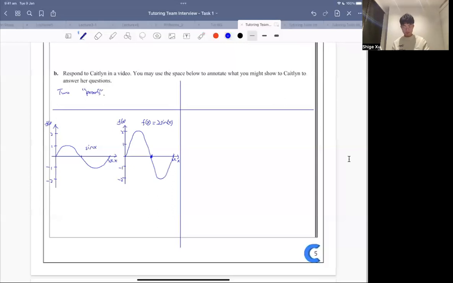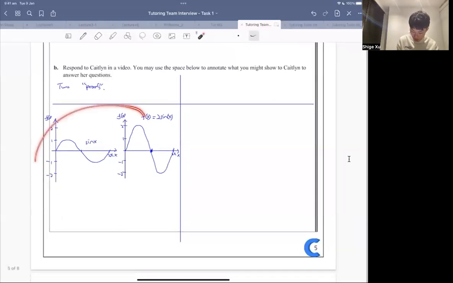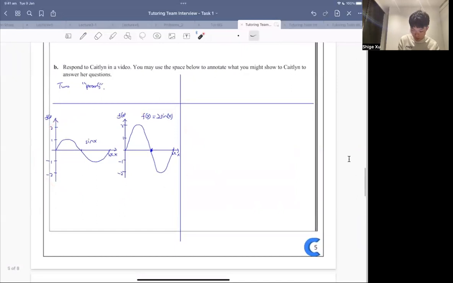Looks something like that. If you compare these two graphs, they are within the same domain. So the x-axis doesn't change. Instead, we are just stretching the function along the y-axis. So before it was here, now we stretch it upwards, and it becomes here.